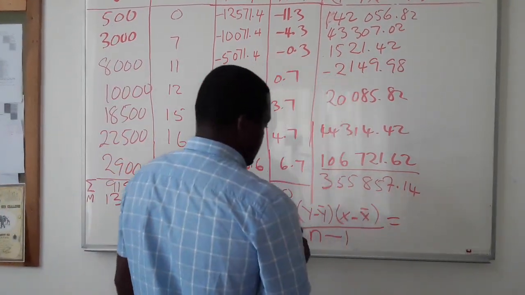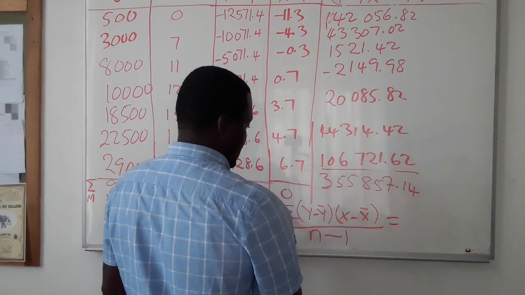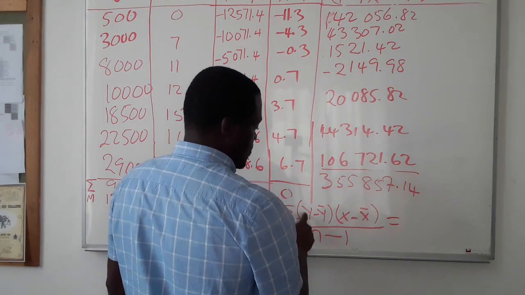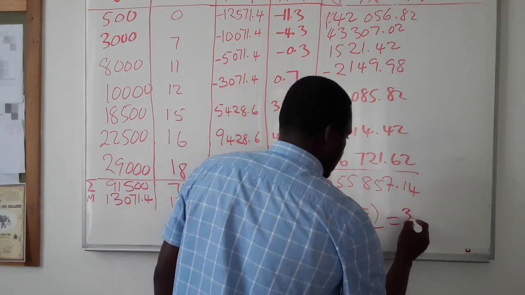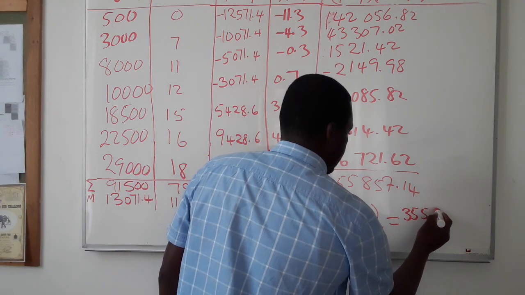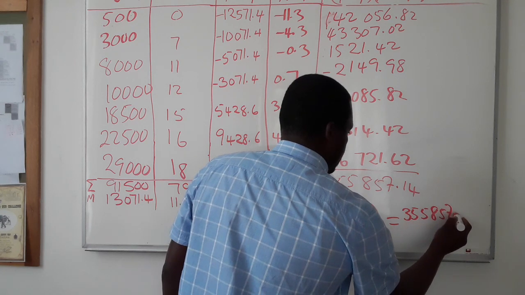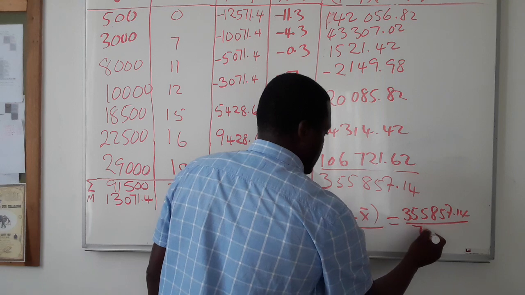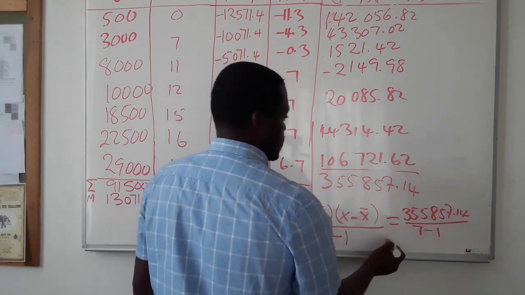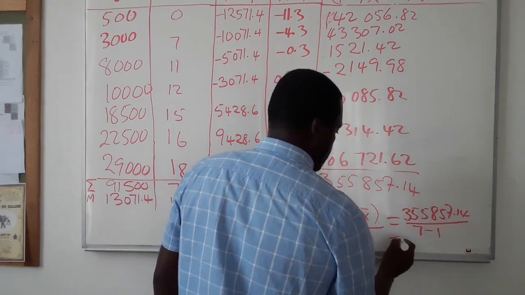Now this number here is the numerator, which is the sum of y minus y bar times x minus x bar. So it's 355,857.14. All this we divide by 7 minus 1. So what is our answer?